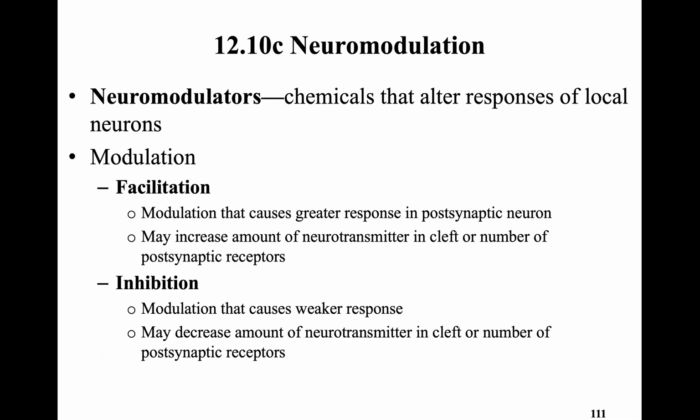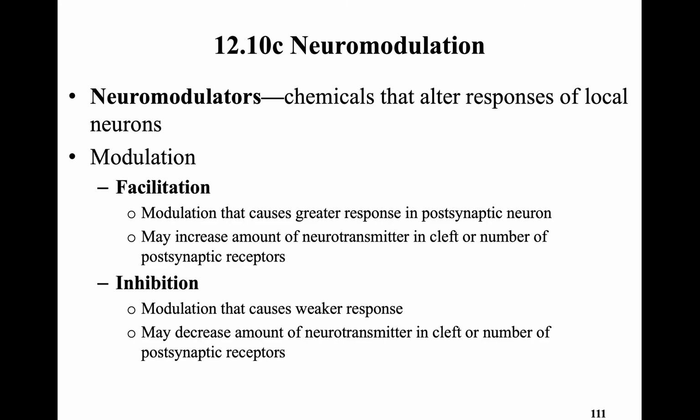Okay, this slide I do care. The term I care for is this one called facilitation. It is something we've talked about but didn't give it a name. It's when neuron number 1 helps stimulate neuron number 2. So when one neuron has the ability to stimulate a second neuron, that's called facilitation.